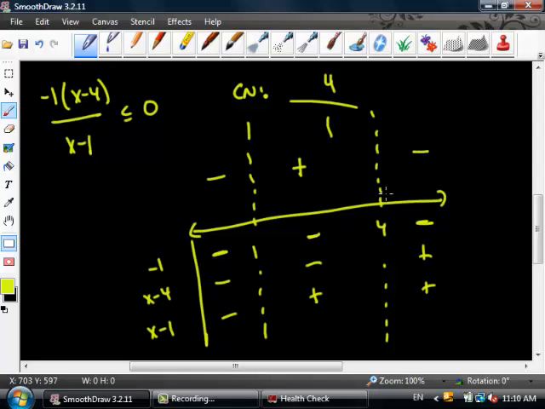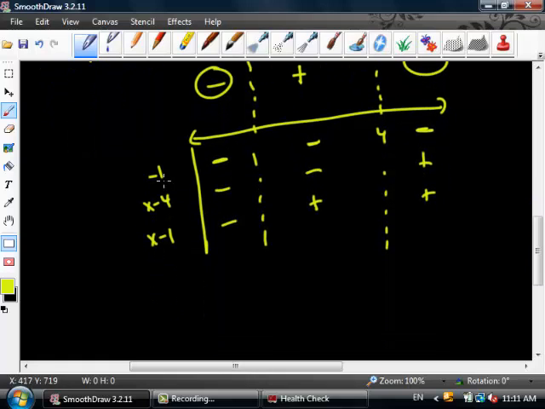Now, which intervals am I interested in? Devin, the negative ones. I'm less than 0. So I need to find a way to write this in interval notation. This is a 1, by the way, not a long partition mark. What are my intervals here? Dustin, you got the intervals?